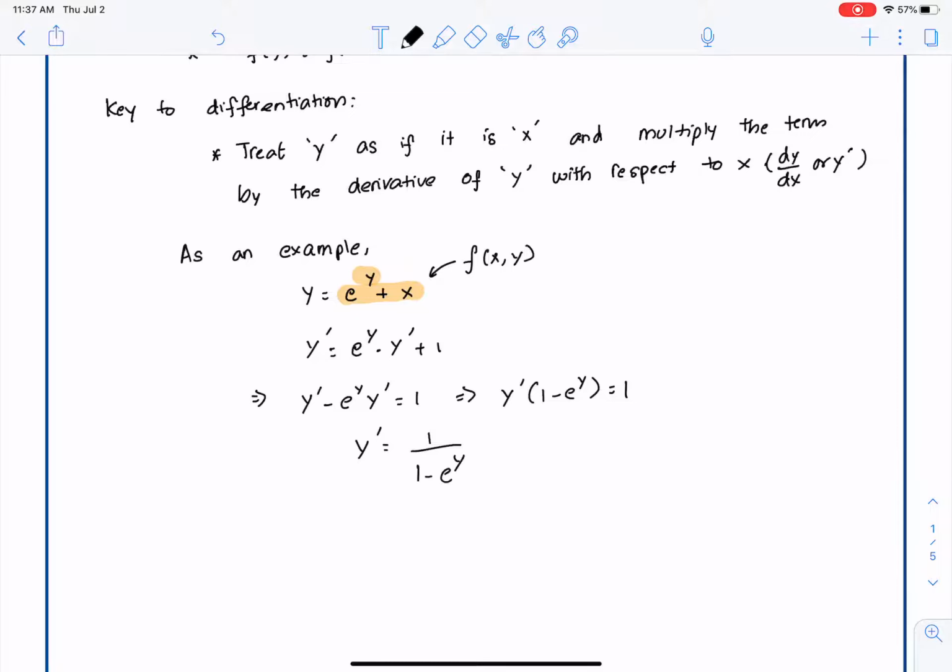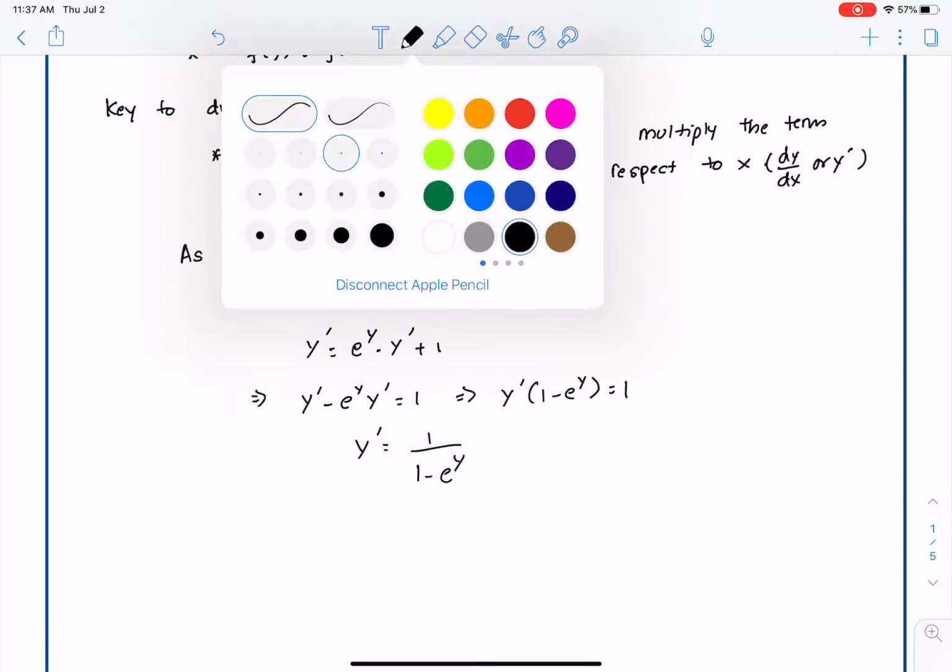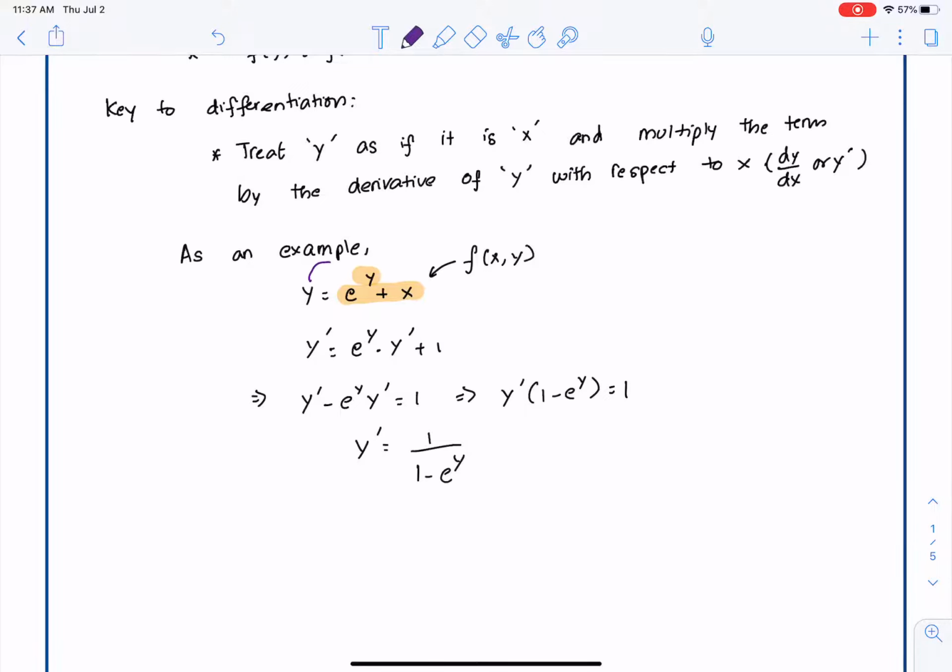Why do we call it implicit differentiation? So y implicitly depends on y itself, and hence the name implicit differentiation. By all means, implicit differentiation is a generalization of differentiation. I just don't want to get into that.